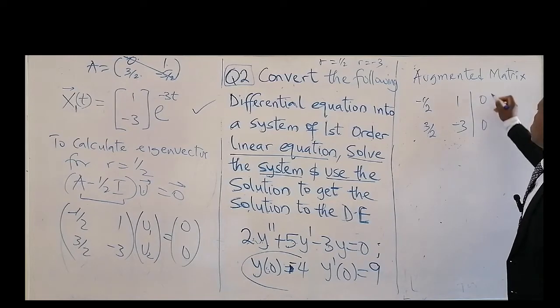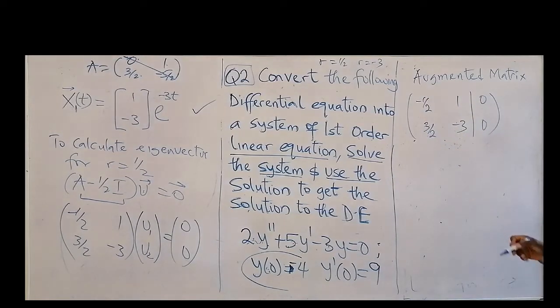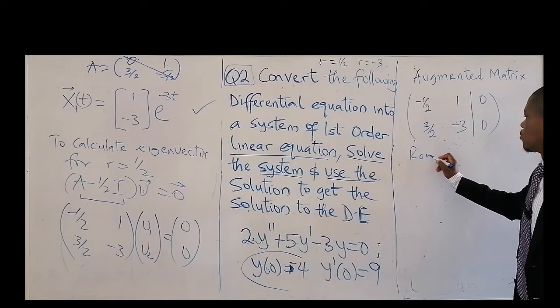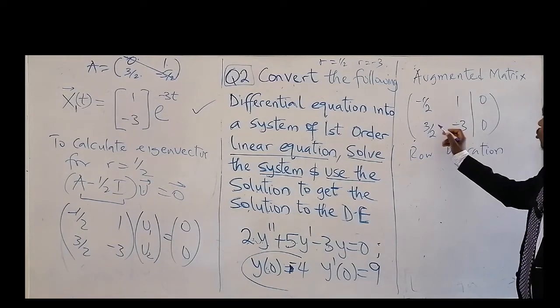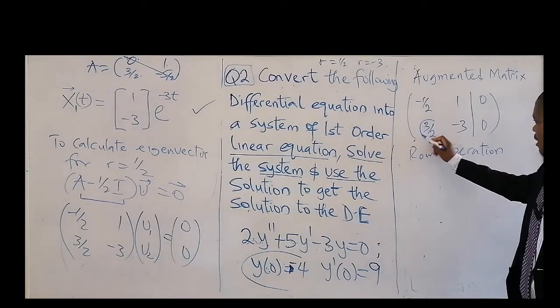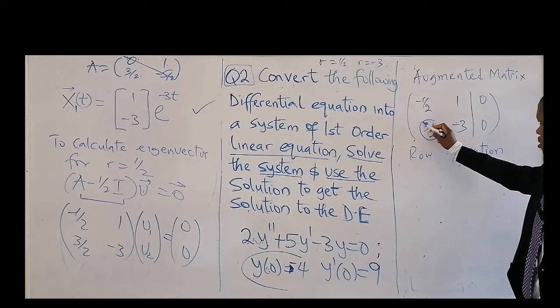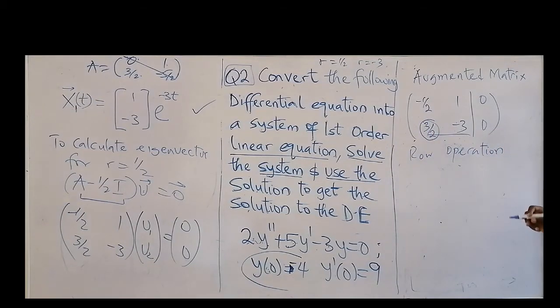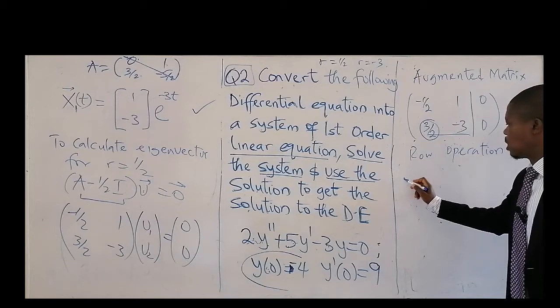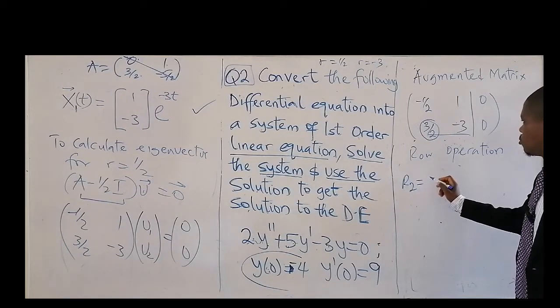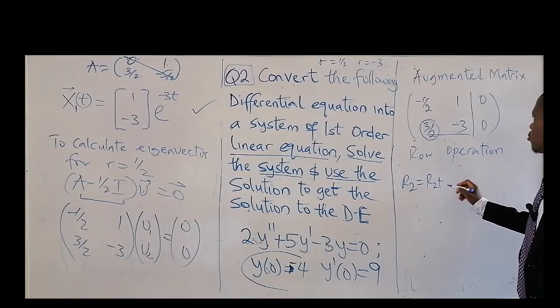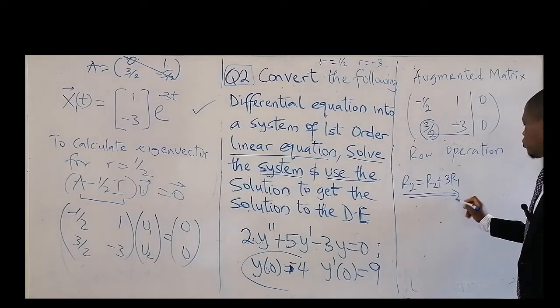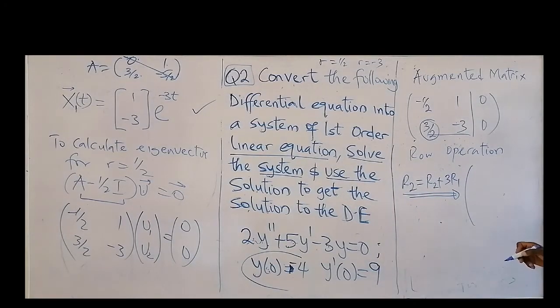That's the augmented matrix. Then we do the row operation. Since we want row 2 to have at least a 0 here, row 2 is equal to row 2 plus 3 row 1, so that we achieve that target.